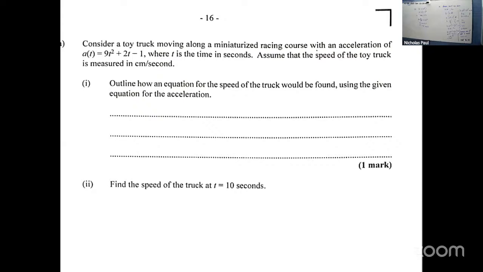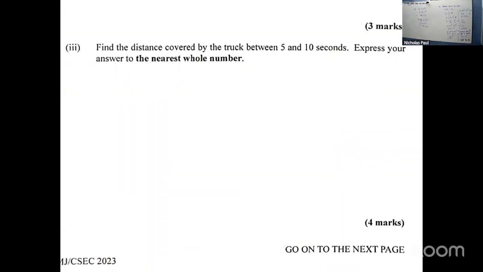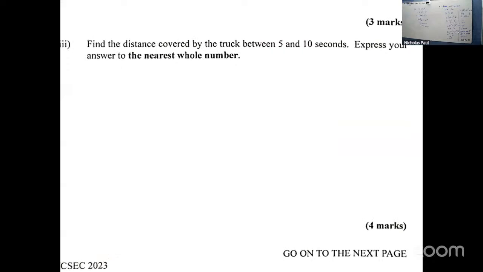Look back at the information at the time. And the last part before I push.